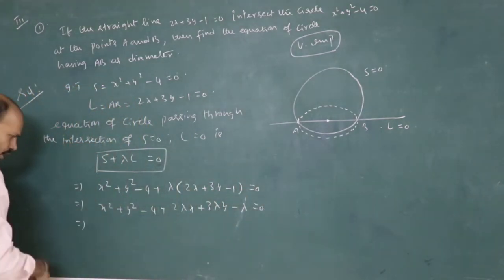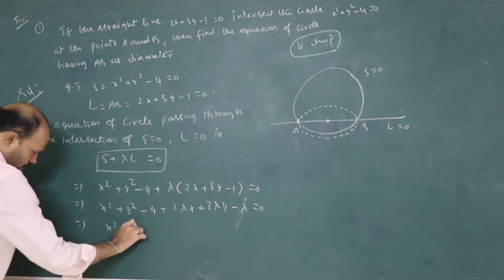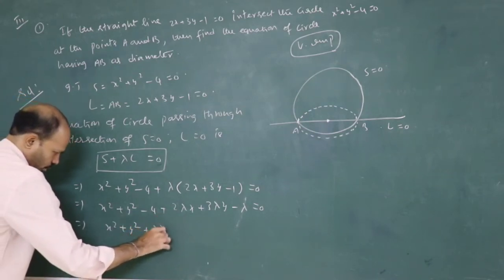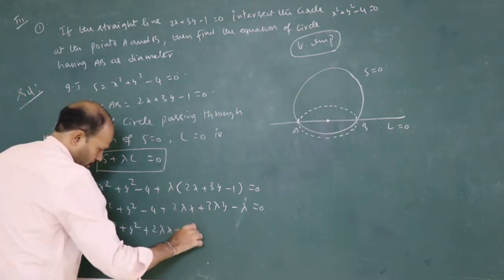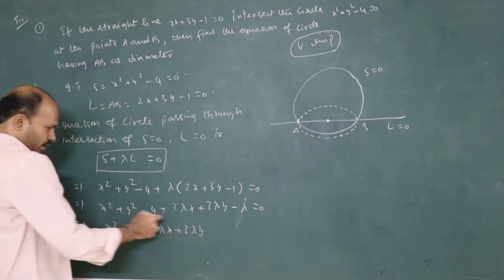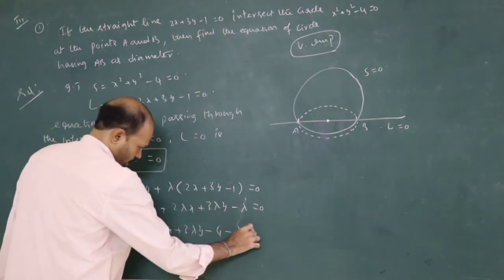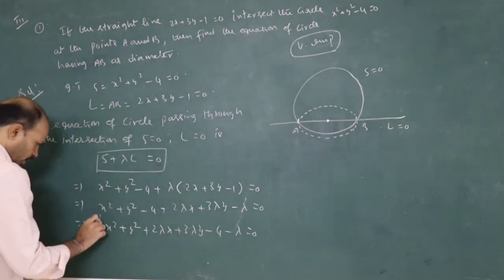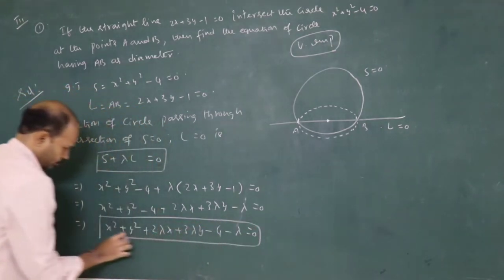In standard order, x square plus y square plus 2 lambda x plus 3 lambda y minus 4 minus lambda is equal to 0. This is the equation of circle.